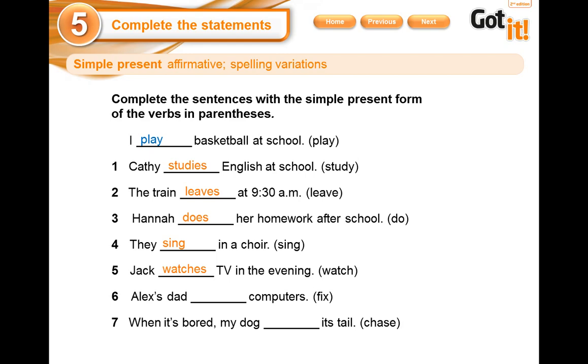Number 6. They're talking about who? Alex or Dad? ¿De quién estamos hablando? ¿De Alex or Dad? Yes, the Dad now. Alex's dad fixes computers. El papá de Alex. When it's bored, my dog chases its tail.